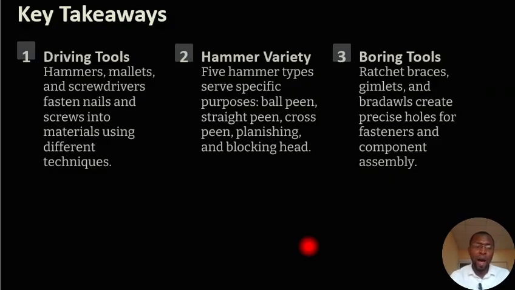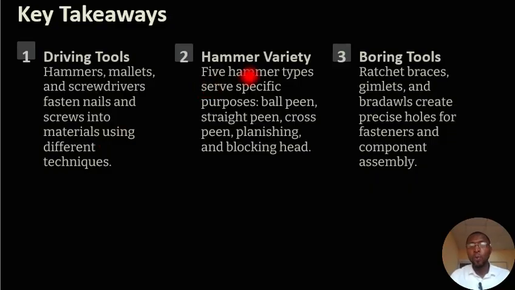So what is the key takeaway today? We have learned driving tools, and we say the driving tools are hammers, mallets, and screwdrivers. We say that the hammer fastens the nails, while the screwdriver fastens the screws into the material. But it should be done with techniques and carefulness.